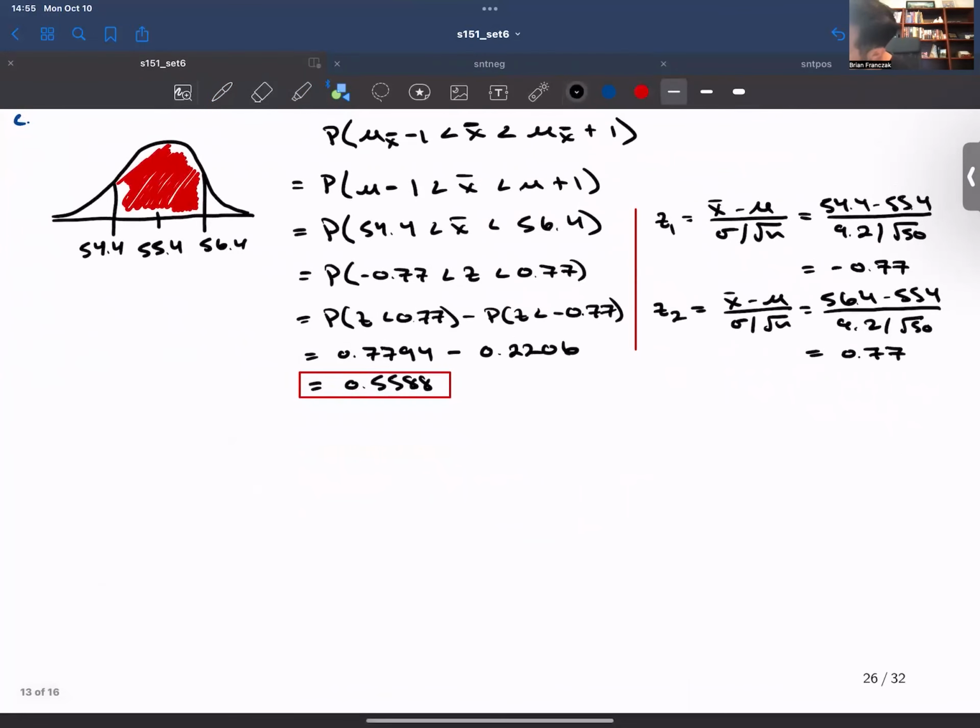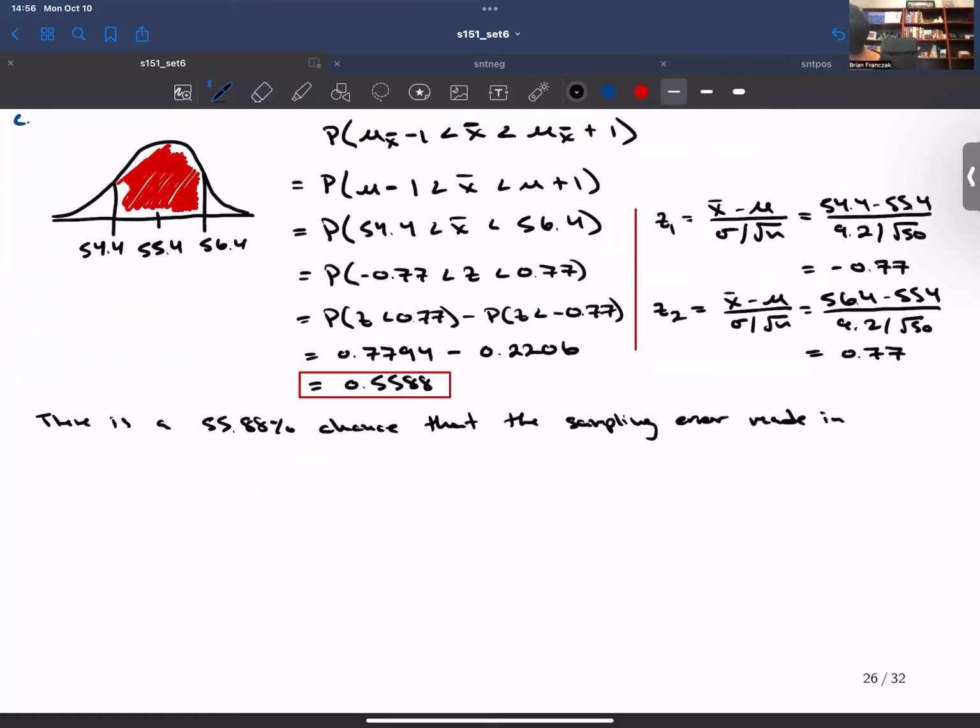So there is a 55.88% chance that the sampling error made in estimating the mean salary for samples of size 50 is at most $1,000.